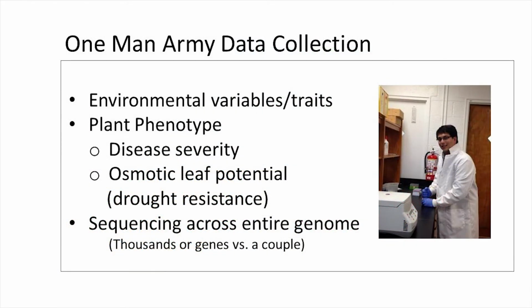I will say this was a lot of work, and I don't want to sell myself short, so I'm going to just tell you all the stuff I did real quickly. I was collecting all the environmental variables. I was collecting all the trait data of the plants. I was looking at experiments to test how resistant things are to drought by looking at salt concentration in leaves.